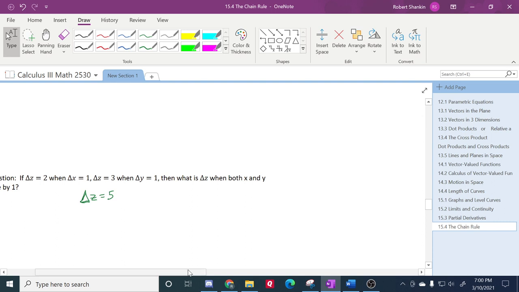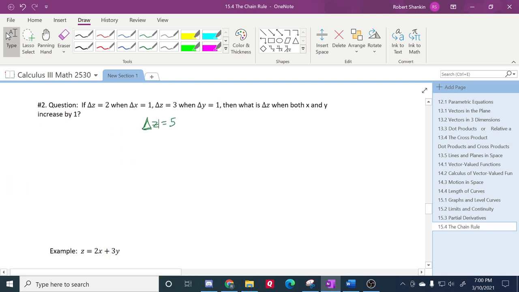Now, let's go from this to look at this example. This situation would be satisfied by exactly what's happening here. If the x increased by 1, the z would increase by 1.